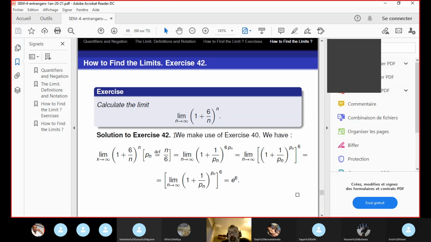But in this case, we have 6, a natural number. So we can take a product of 6 terms like limit of 1 plus 1 over Pn to the power Pn, and we will obtain exactly e to the power 6.